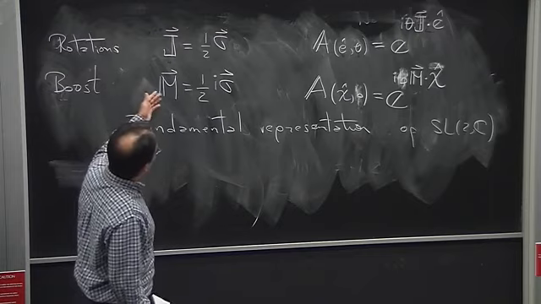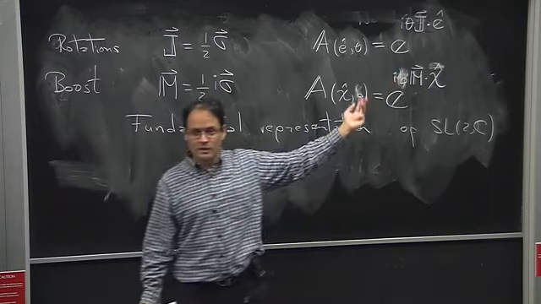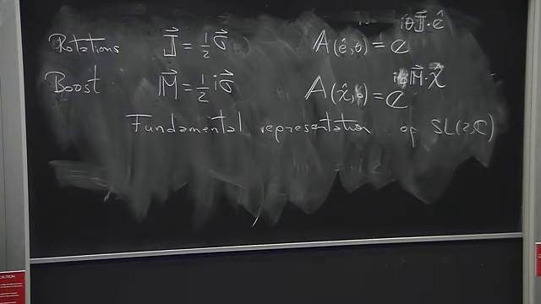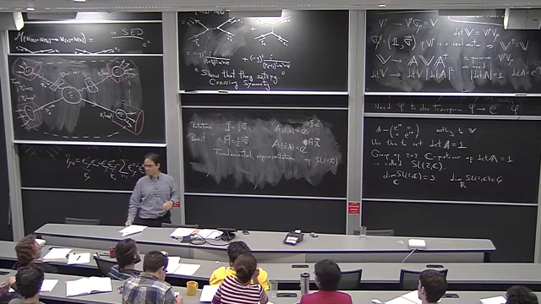Okay, very good. So, by the way, this means that, is this representation unitary? Yes, no, yes, no. No, you cannot have unitary representations of the Lorentz group in a finite dimension.